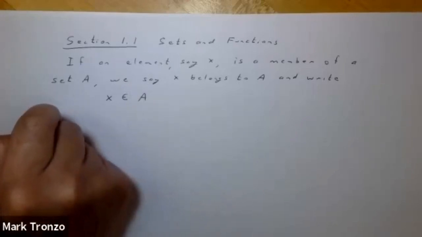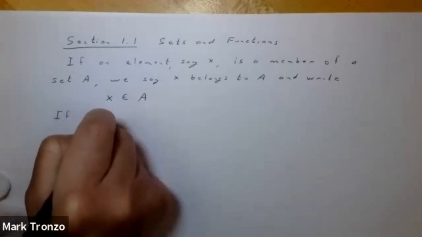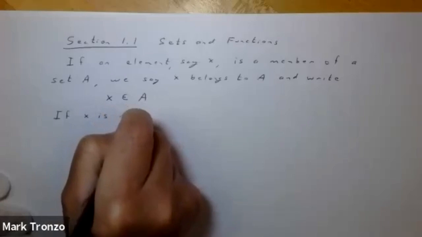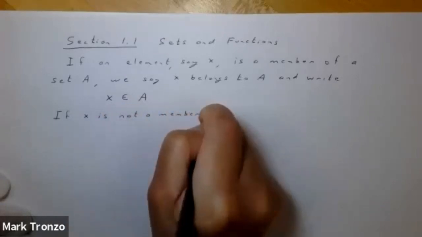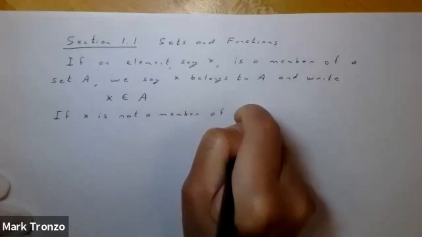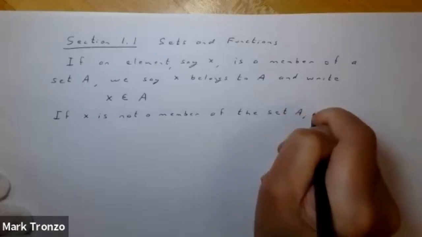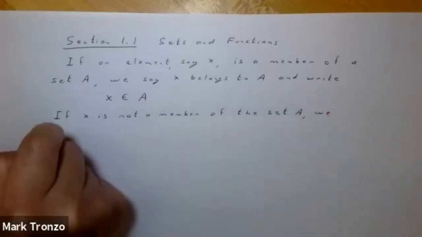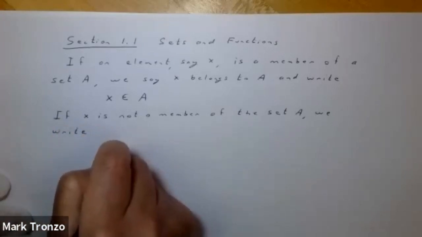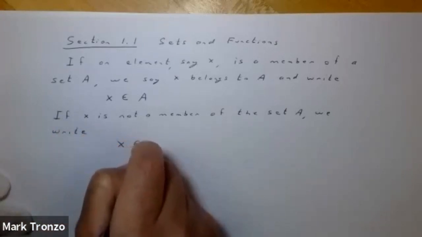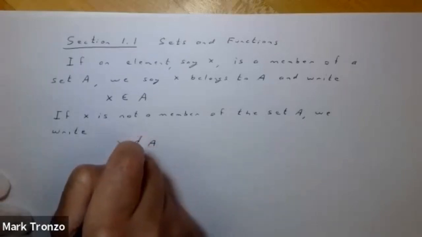If X is not a member of the set A, we write X like this, and then put a line through it like this.